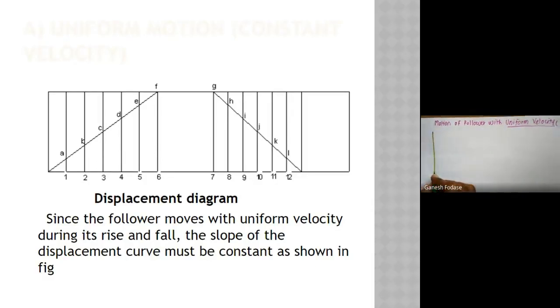Motion of a follower, and x-axis represents rotation of a cam. So with respect to cam rotation, here it is theta on x-axis, and on y-axis there is a follower displacement. Let's say S is a follower displacement and theta is a cam rotation.